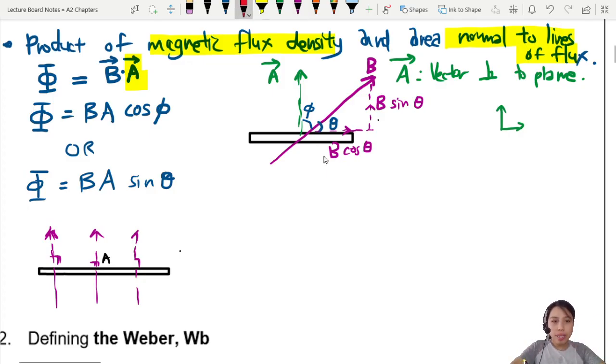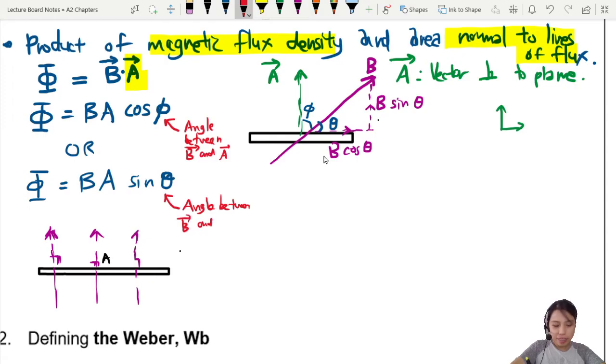But here's some reminders. Firstly, this phi right there is the angle between B and A. And these two are vectors. Remember what B is, what A is. Then this angle, theta, is the angle between B and the frame of this coil.